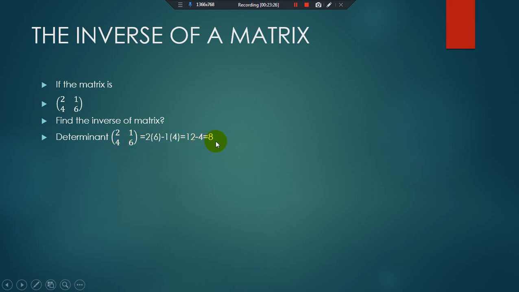So the determinant of this matrix is 8, which is non-zero, so it is non-singular and you can find its inverse. Then you change the place of the leading diagonal and the sign of the other diagonal. The inverse will be 1 over 8 times the transposed matrix.